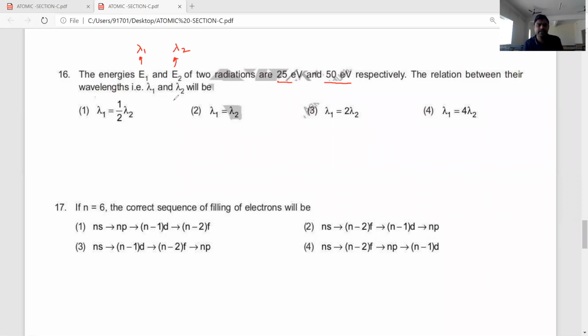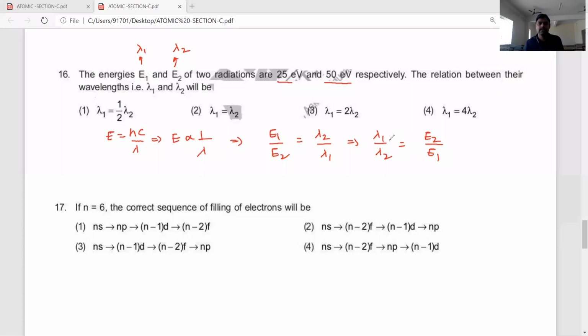What is the relation between lambda 1 and lambda 2? We know very well that E is equal to hc by lambda, where h and c are constants, so energy is inversely proportional to lambda. E1 by E2 is equal to lambda 2 by lambda 1, or lambda 1 by lambda 2 is equal to E2 by E1.